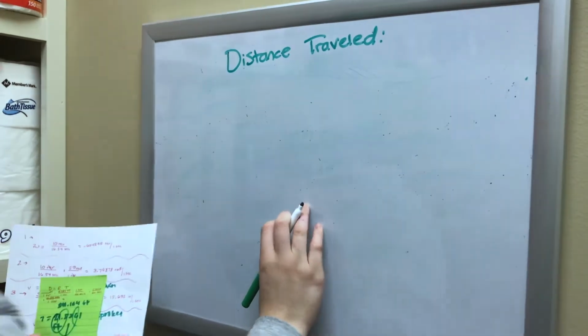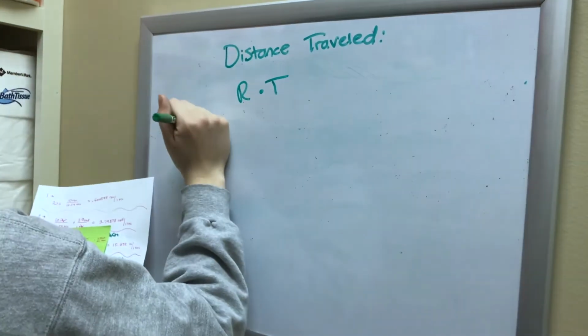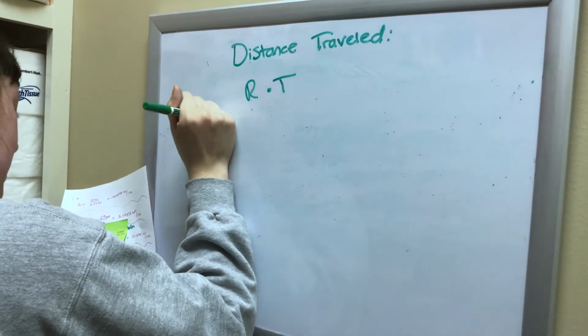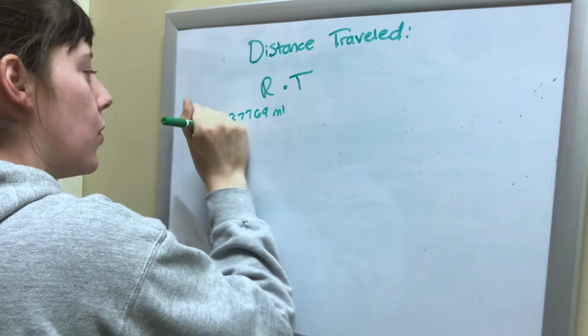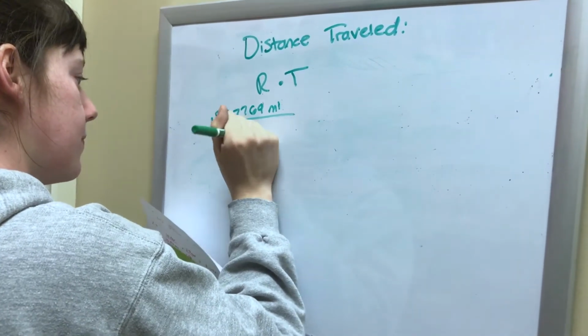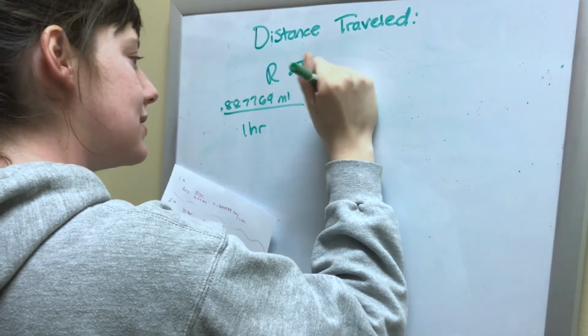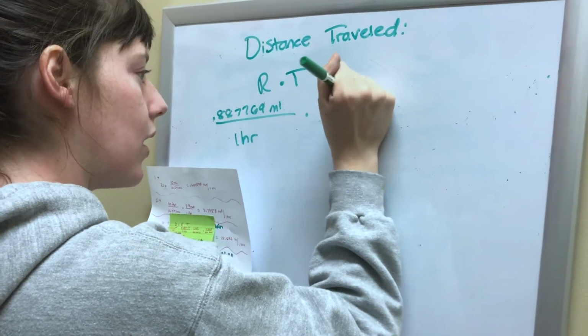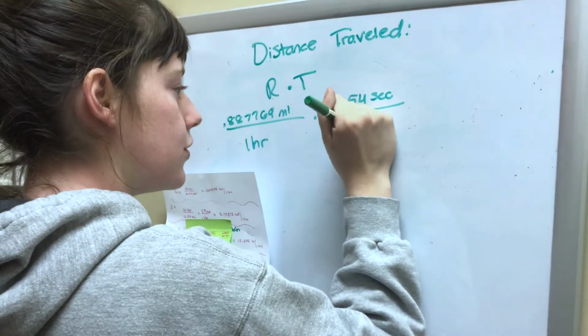In order to find the distance traveled, you multiply the rate times the time. The rate is 0.887769 miles per 1 hour. And you multiply it by the time of 16.54 seconds over 1 trial.